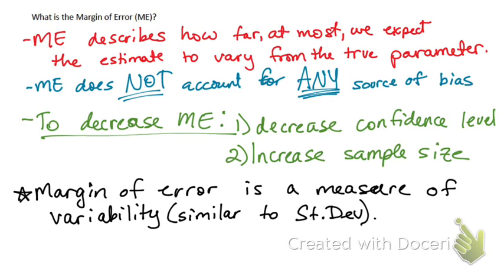Again, it's the wiggle room. It's how much your guess can vary and still be right. So it is a measure of variability. So this should help put sense to how do I decrease standard deviation? How do I decrease variability? I increase sample size. It all goes together. Done.